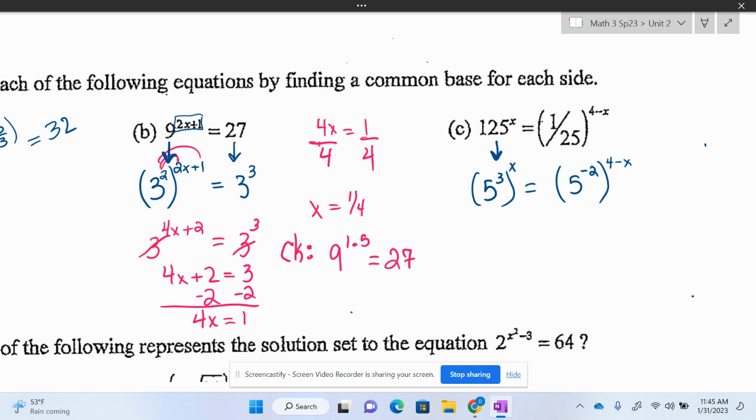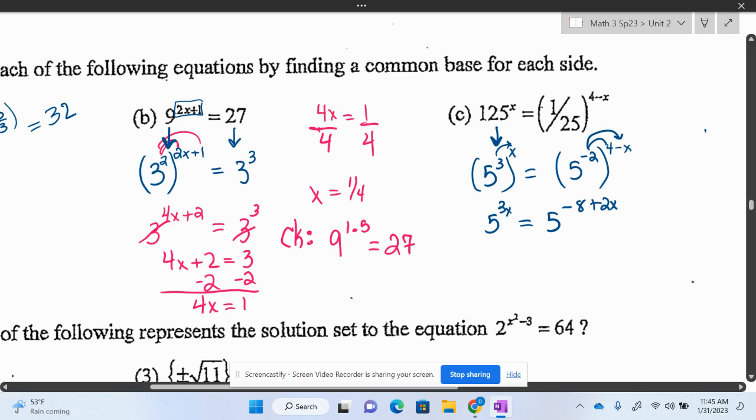So both sides of our equal sign are going to require us to do some distributing, right? So on the left, 3 times x is 3x. Good. And on the right, negative 2 times 4 is negative 8, and negative 2 times negative x is 2x. Okay. Are my bases the same?